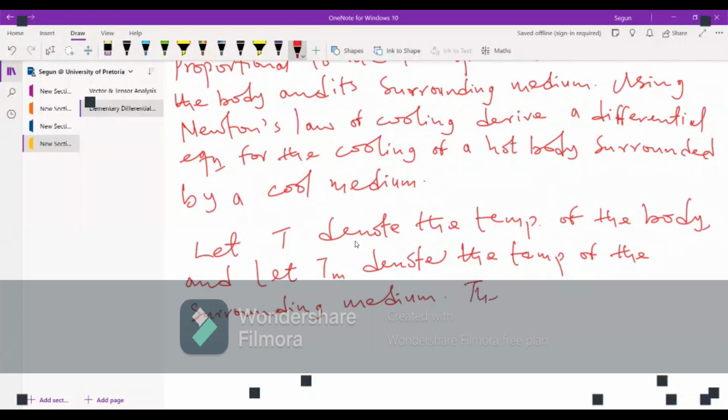Then, excuse me, some people are saying they are unable to log in. Why?